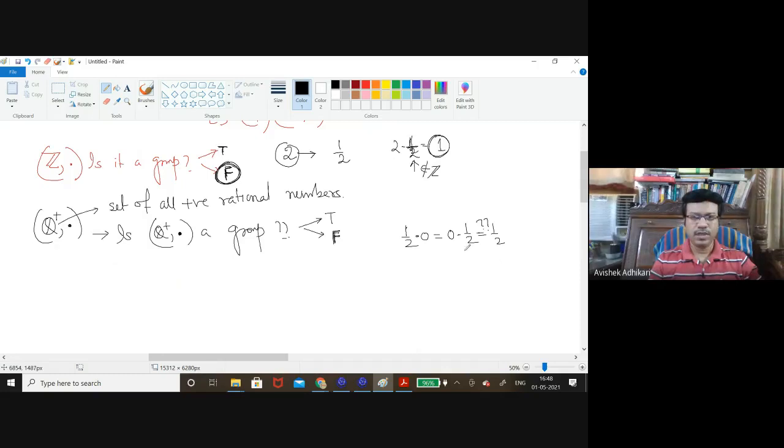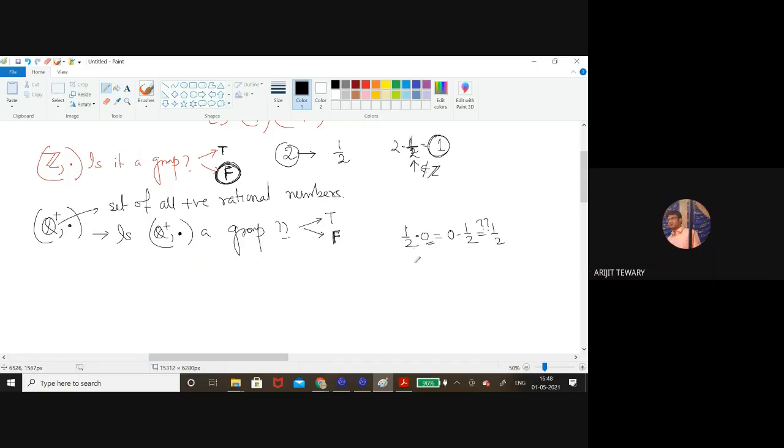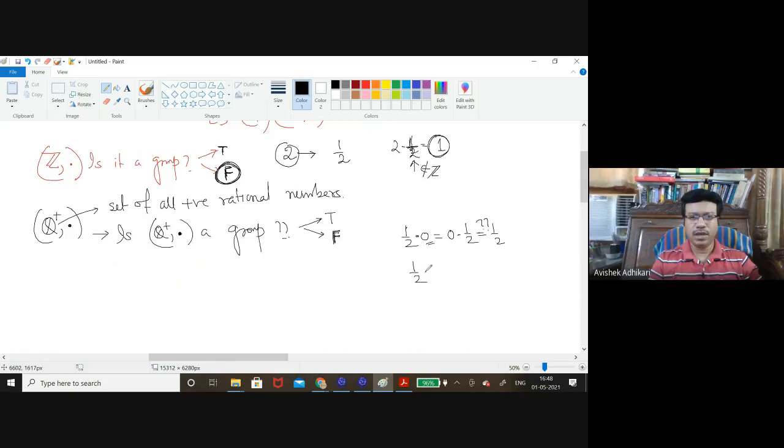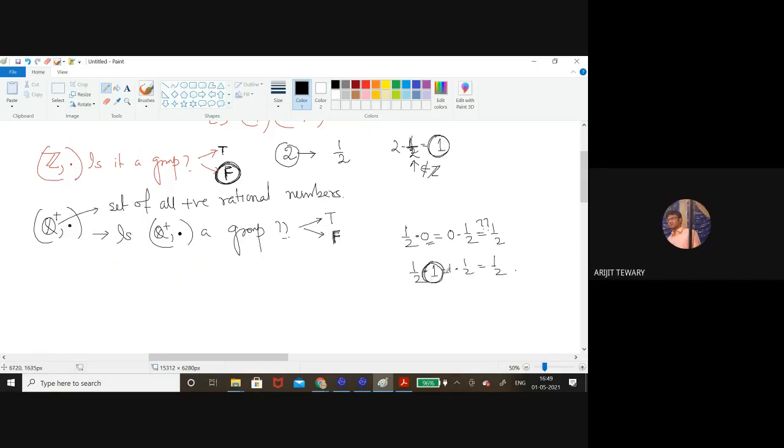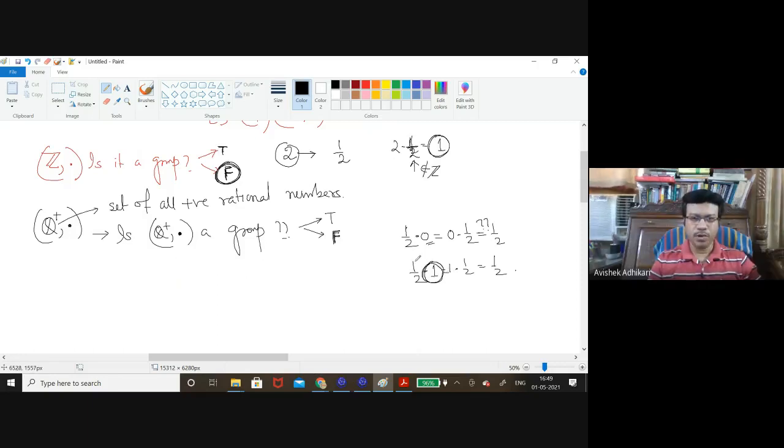Not only that, it's a positive rational number, so 0 is also not here. Okay, so then 1. Half into 1 equals 1 into half equals half. So do you think that 1 is the identity element of this? Yes, sir. So the problem that you had with identity was gone. So identity is there.